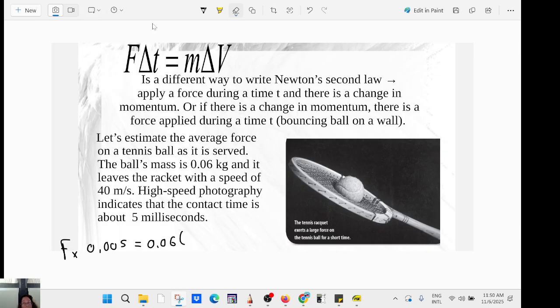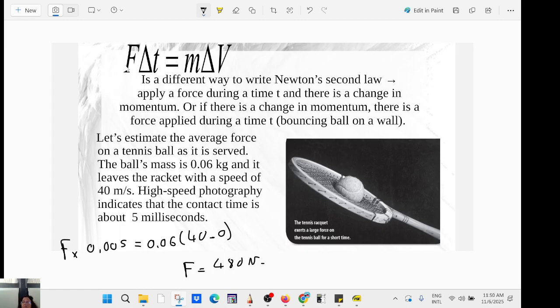Okay, it's given the final speed, and you start from 0 speed. You start from rest and you follow through. Okay, so the force will be in Newtons.